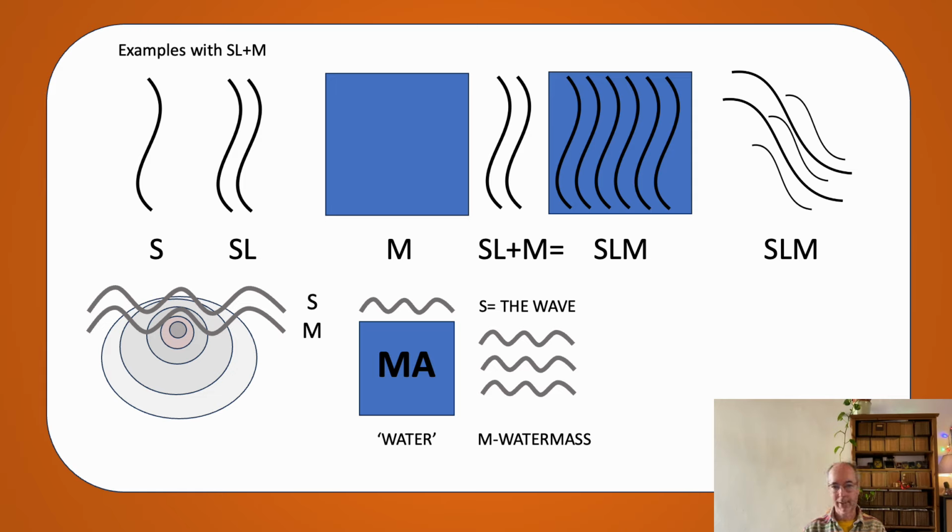So the matter-like consistency and the separated adaptation. When it's fully adapted, it is matter. When it's only partly adapted, it's a wave. So in between these two realities, that's the SL and M combination.